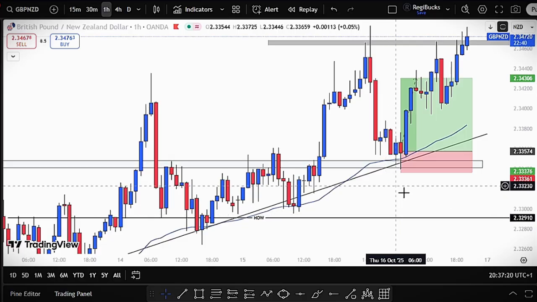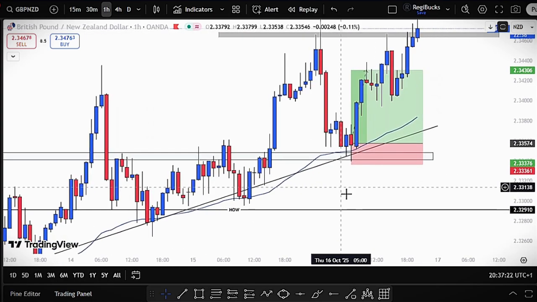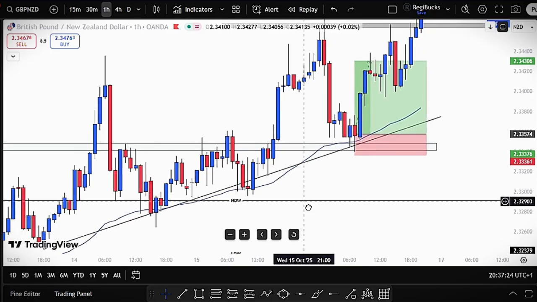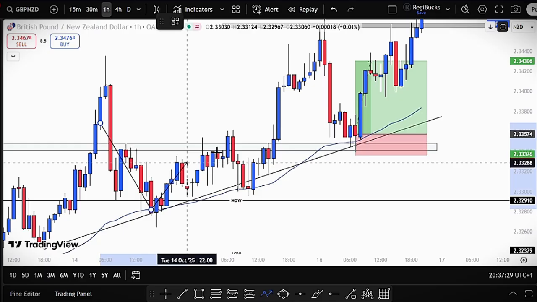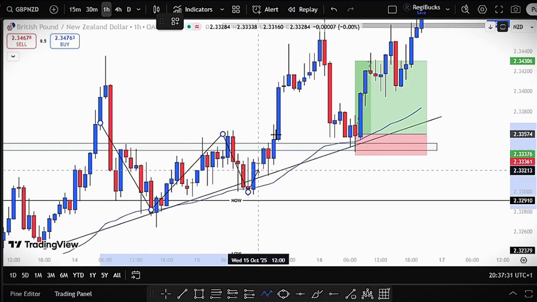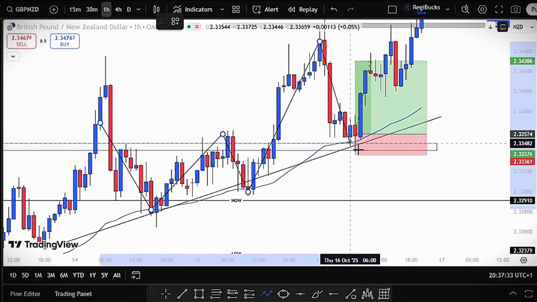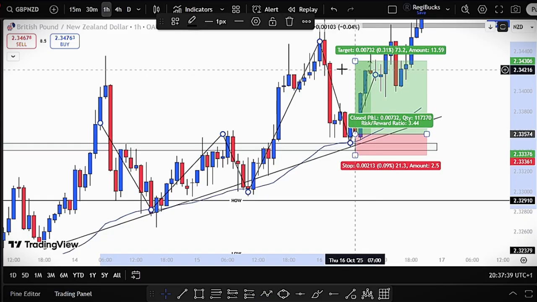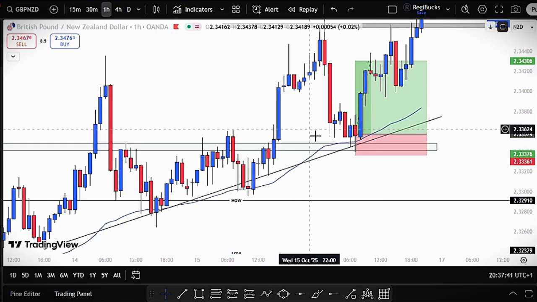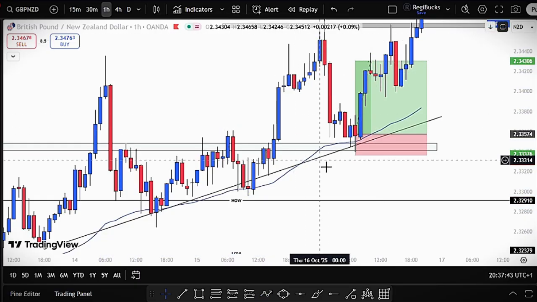That's the 50 moving average that I use. So now as you can see, we came down, we tested it once, we went up. Tested it again, went up. Now at the third time we were around that level, we tested it. What should basically happen? We should go up. That is an extra confluence to this particular trade.